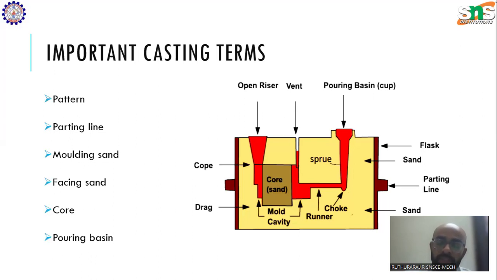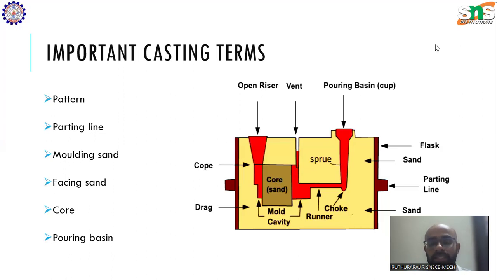So if we are making a pattern for a certain volume and it solidifies, the casting will be smaller than anticipated. To prevent that, we provide excess metal in the riser as well as the runner, so that it can be utilized during the solidification process and the entire mold cavity is covered. So we get the exact replica or exact size of the pattern which we designed. That's another purpose of the runner and risers.